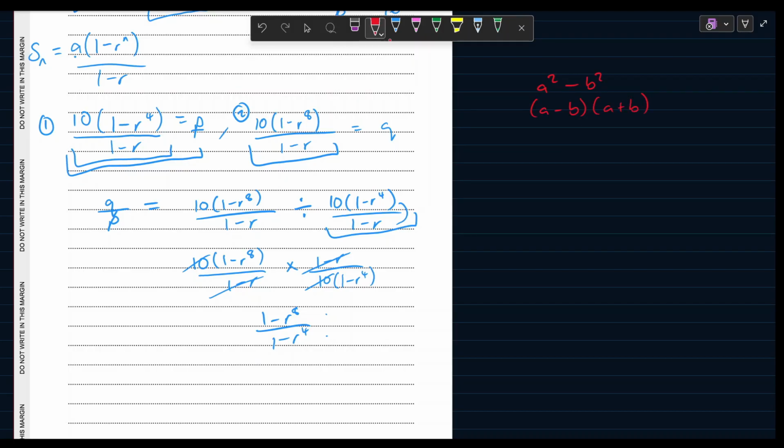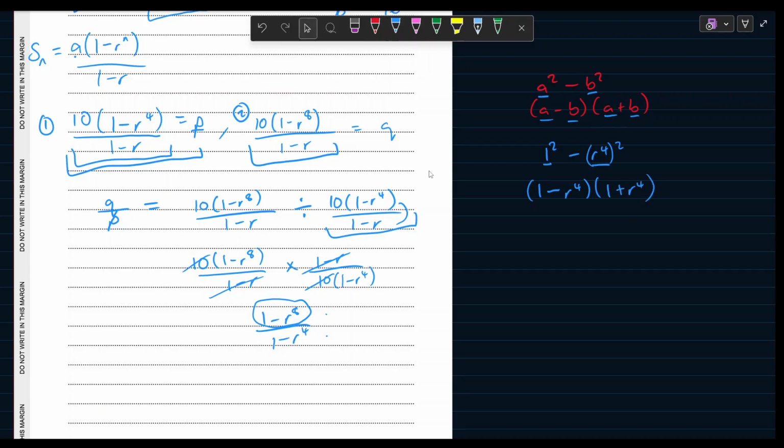So focusing on the numerator here, that's going to be 1 squared minus R to the 4, squared. So your A is going to be 1 and your B is going to be R to the 4. That's the difference of 2 squares. So we can write this as 1 minus R to the 4 times 1 plus R to the 4, because it's A minus B times A plus B.